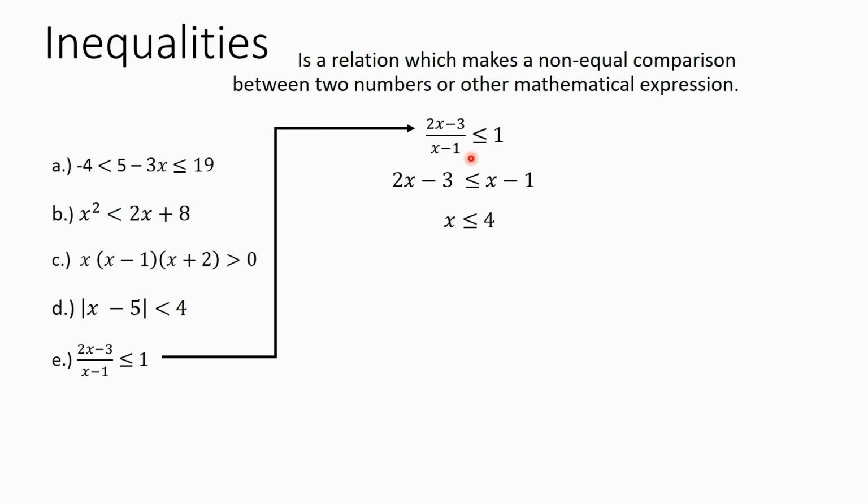Okay, why? It cannot also be less than or equal to, because if we have a solution of 1, you're going to have a 0. A number divided by 0 will give you an infinite number, so it will not verify our inequality.